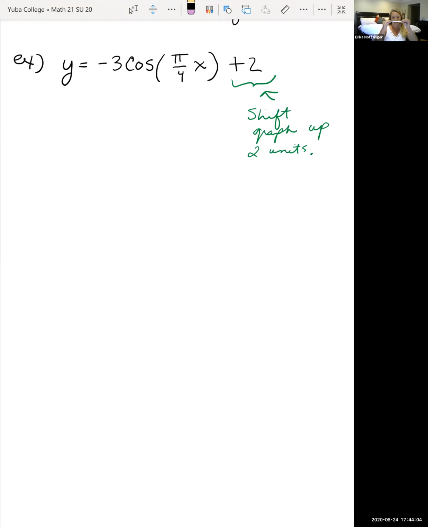So where our x-axis would be, which was normally our midway line, it's now shifted up 2 units. That's what I call it. I'm not sure if the book calls it this, but our midway line is the horizontal line y equals 2. The -3 helps us with the amplitude.